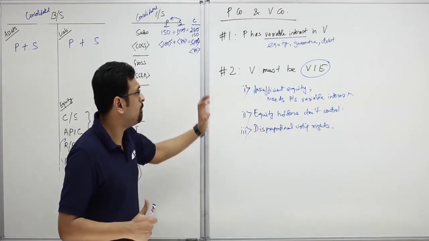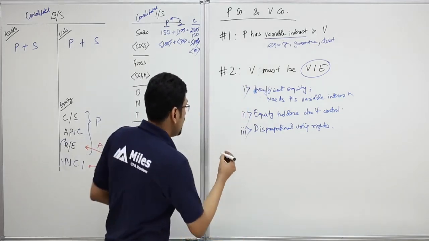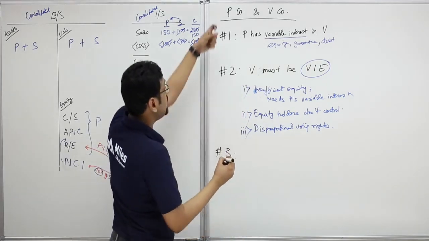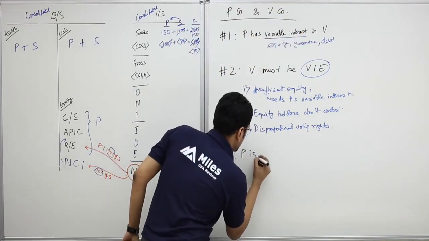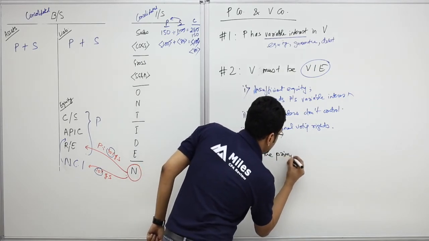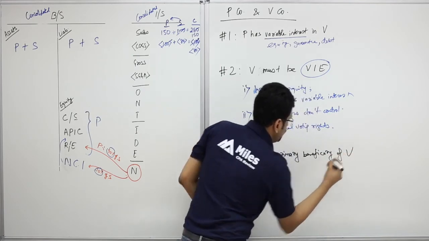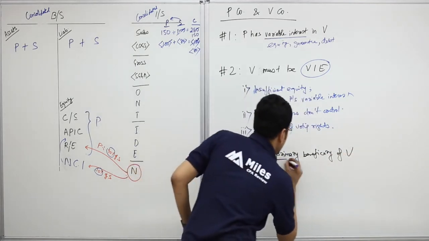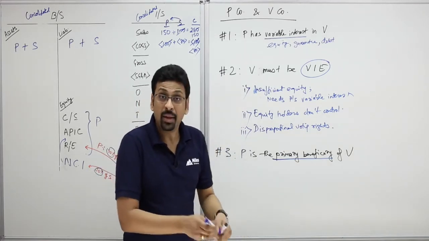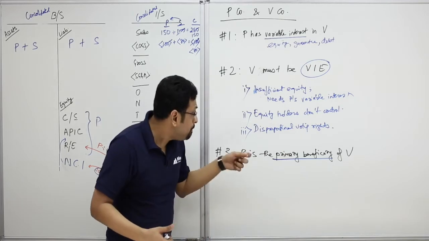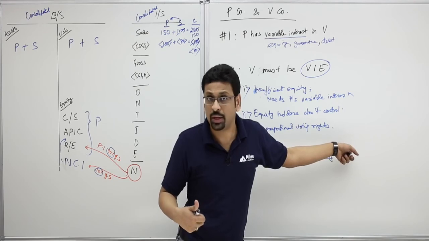So guys, if conditions number 1 and 2 are met, then you look at condition number 3, which says that P must be the primary beneficiary of V. P is the primary beneficiary of V, and the focus here is primary beneficiary. Now, P is a primary beneficiary of V if P has the power to direct V's key economic activities.